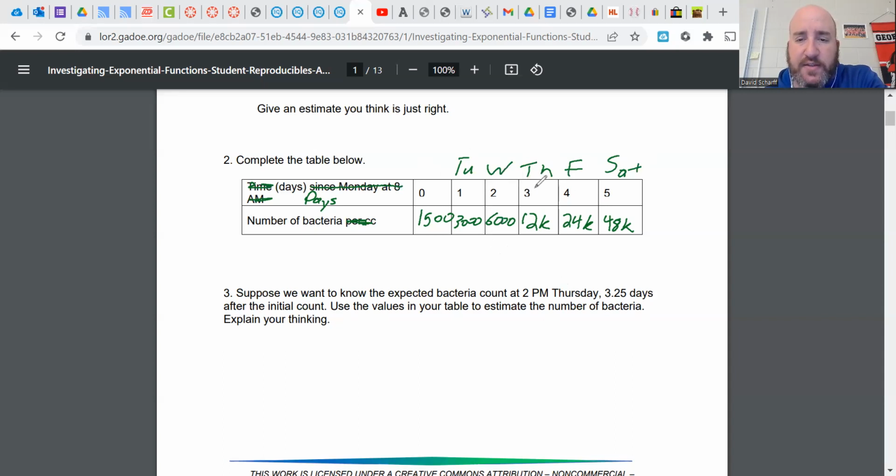2 p.m. Thursday. So this day 3, it's 12,000 bacteria at 8 a.m. Thursday. So 2 p.m. is going to be between Thursday and Friday, between 12 and 24,000. 2 p.m. is 6 hours after 8 a.m., and 6 hours is a quarter of 24 hours. That's why it's 3.25 days.